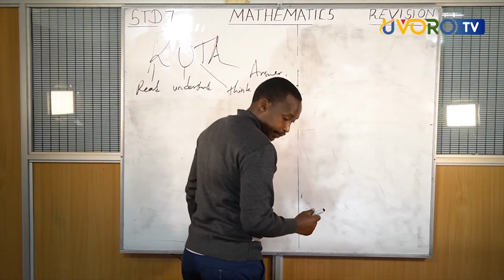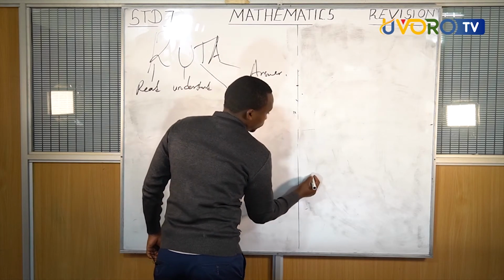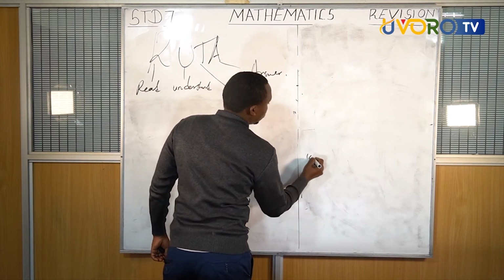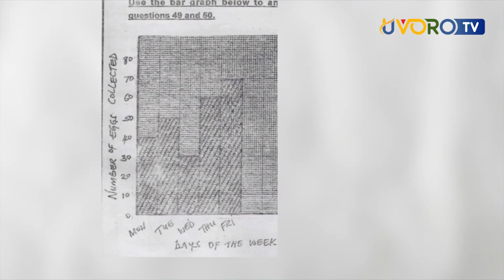We have 0, 10, 20, 30, 40, 50, 60, 70, and lastly 80. On the horizontal side, we have Monday, Tuesday, Wednesday, Thursday, and finally Friday.